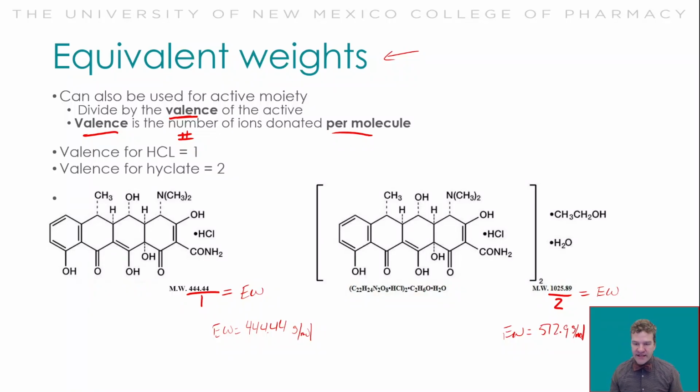And what the equivalent weights allow us to do is now, if I weigh out 444.44 grams of hydrochloride, I get 1 mole of tetracycline. And now, if I weigh out 512.9 grams of the hyclate, I also get 1 mole of tetracycline. So it's making our molecular weights equal. Okay?